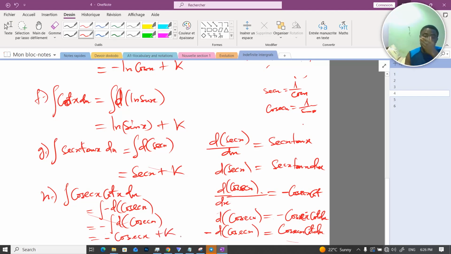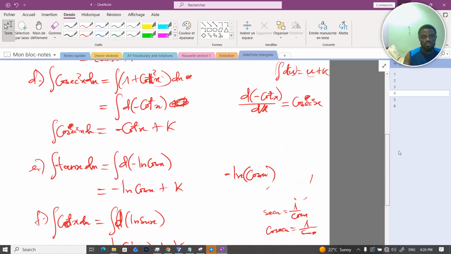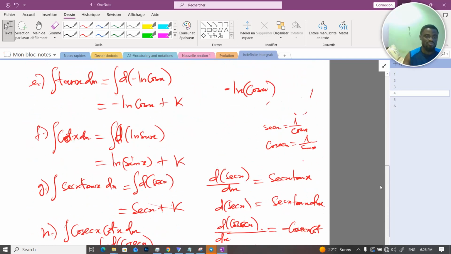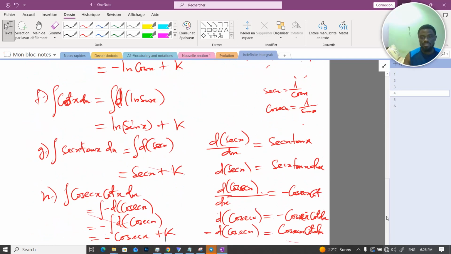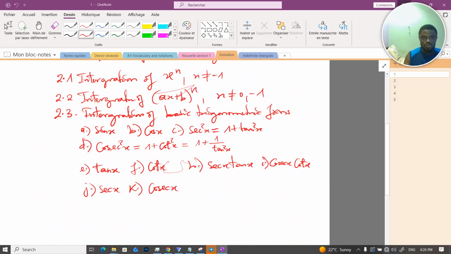So I'm saying remember these formulas. They are very important. Most of these formulas are found in your formula booklet, but try to remember them. The next one we're going to see is the formula for the integration of sec x and cosec x.